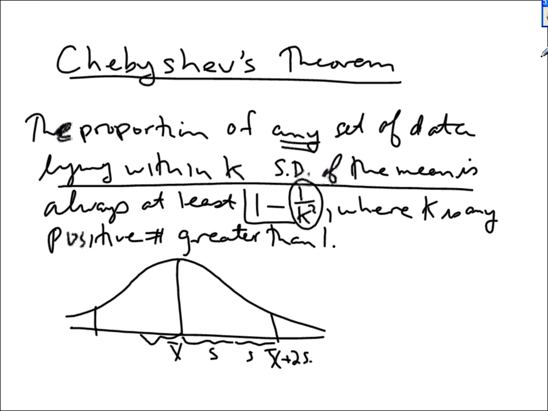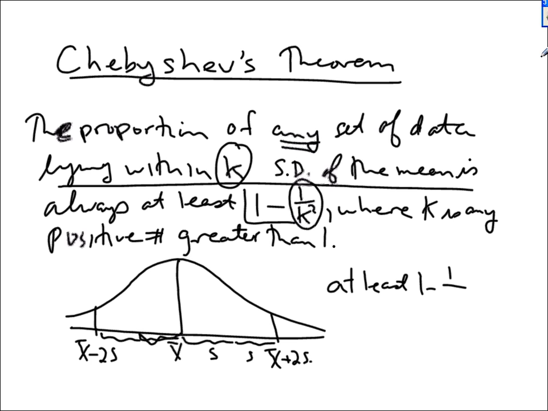You can go S to the left 2 times. So this is X bar minus 2S. What proportion of data lies within it? It's going to be at least 1 minus 1 over K squared.